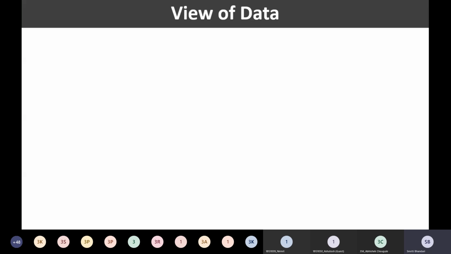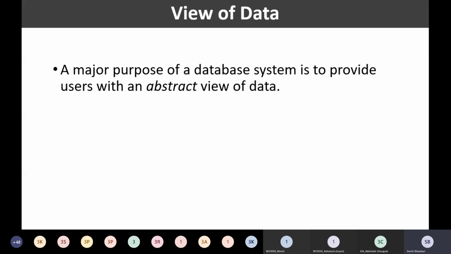Now, a major purpose of a database system is to provide users with an abstract view of data. What do we mean by that? In fact, database management systems are being used by many different kinds of users, and it may happen that not all of those users are computer trained.